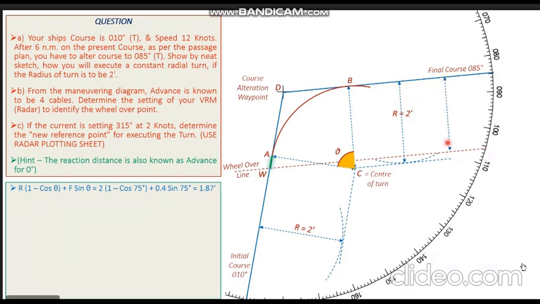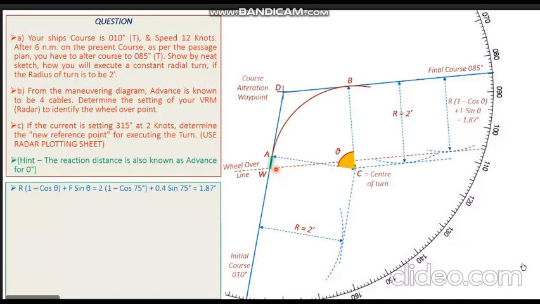So this distance up to here is 1.87 miles, and you can see it shown here also, R into 1 minus cos theta plus F sine theta equal to 1.87 miles. And I draw an arc. If we draw a tangent to this particular arc, we will exactly get the same wheel over line which was initially obtained using the plotting method.